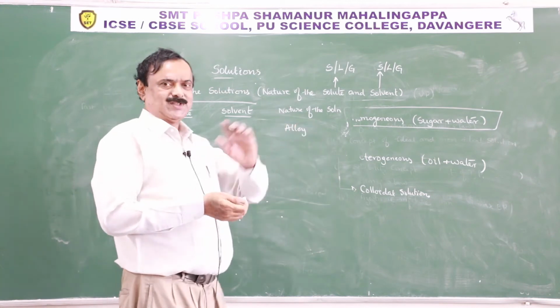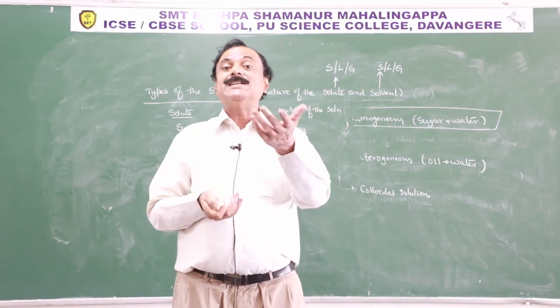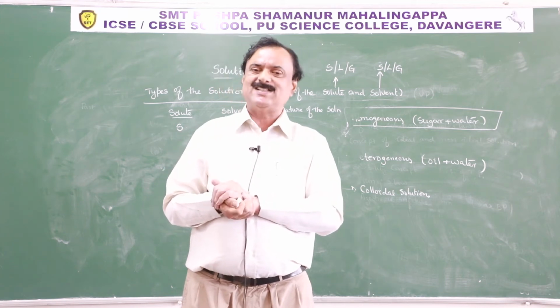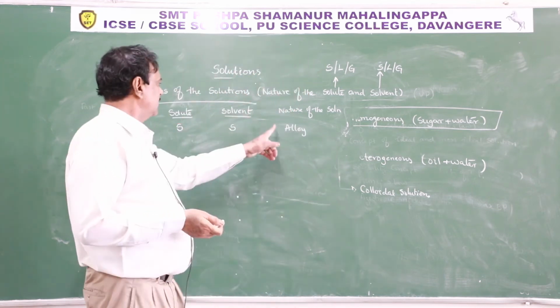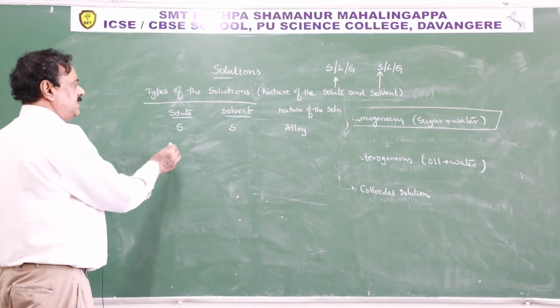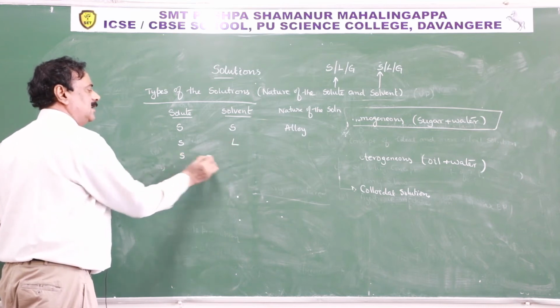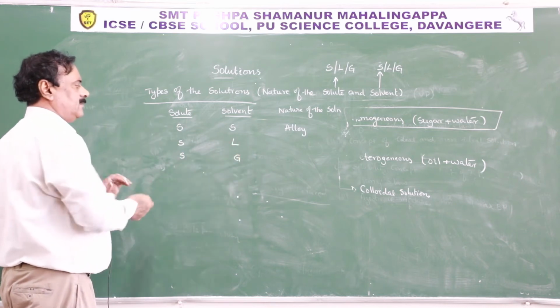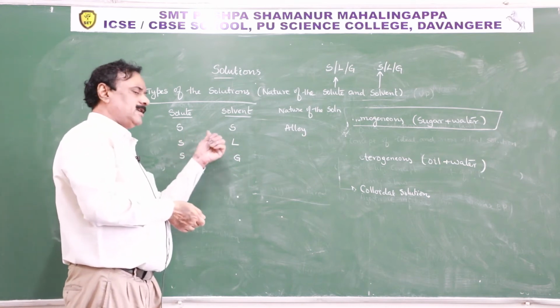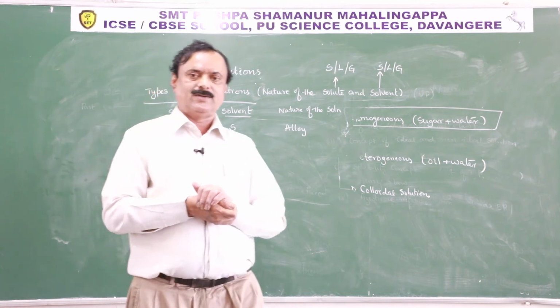Gemstones, colored stones and colored glasses are also good examples of solid solutions. Whereas for solid in liquid and solid in gas, you know about salt solutions and sugar solutions.